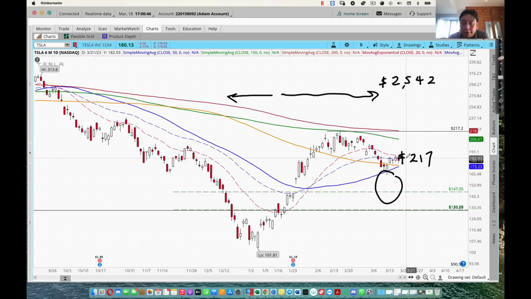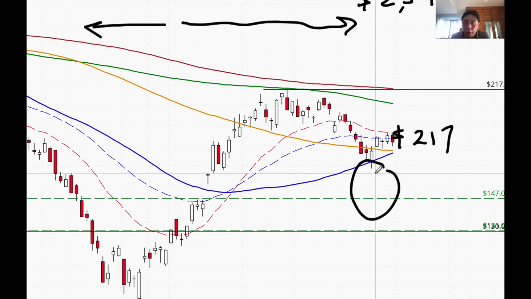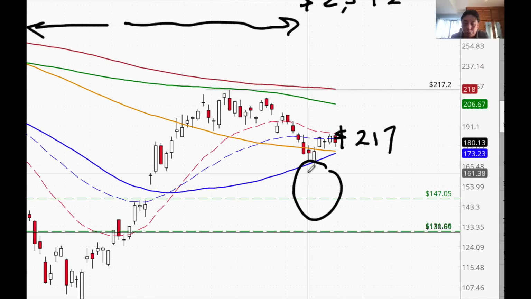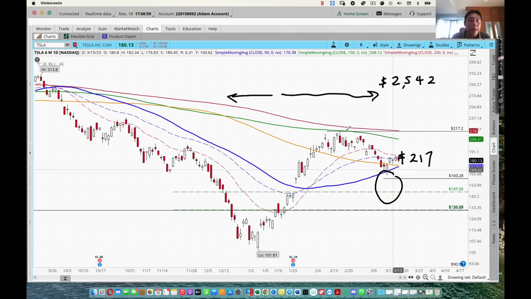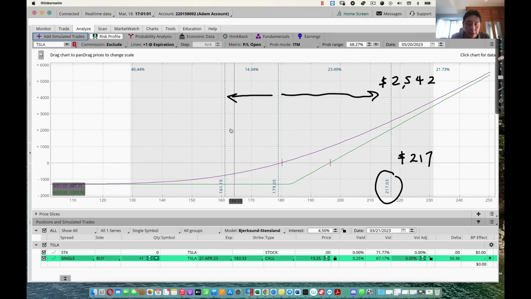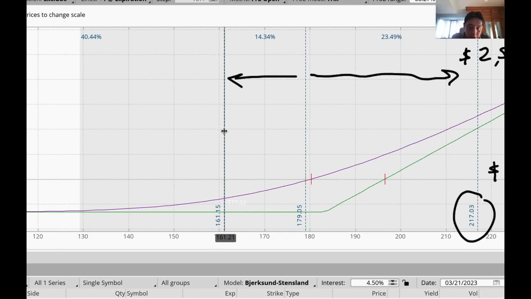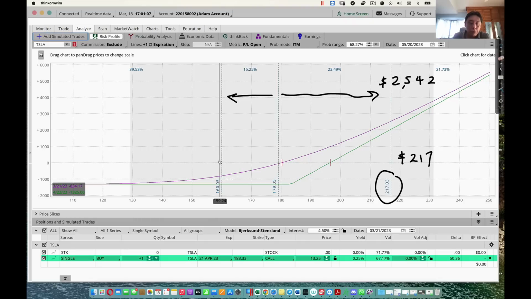So let's say if Tesla drops below this low over here, let's say it drops to 160, you're out, right? Cut loss at 160. So if it goes down to 160, let's bring this to 160 over here. Okay, how much would you lose?